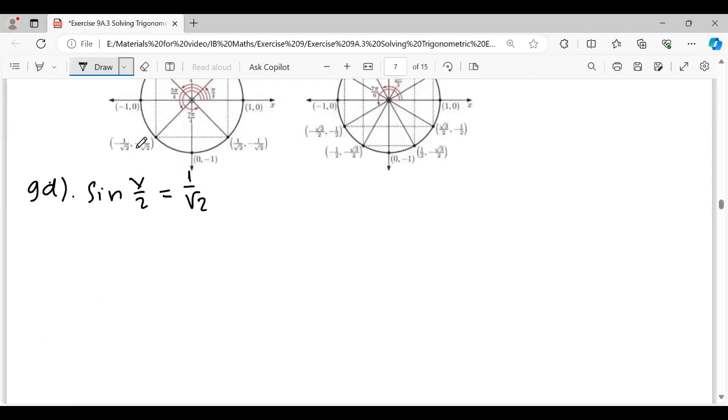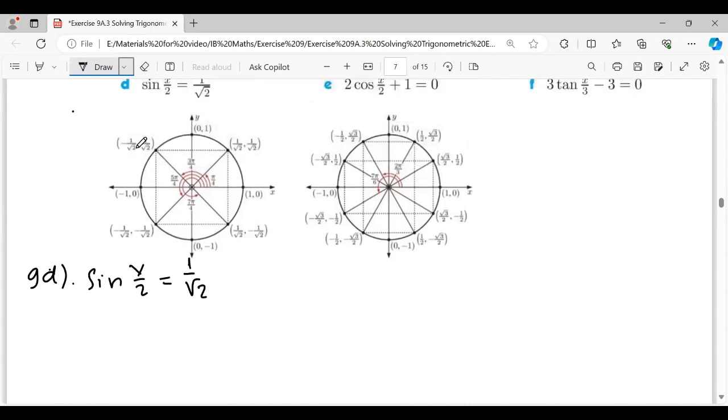If you look at this diagram, sine 1 over square root 2 is this one and this one. 1/4 and 3/4. So x1 over 2 equals pi over 4.